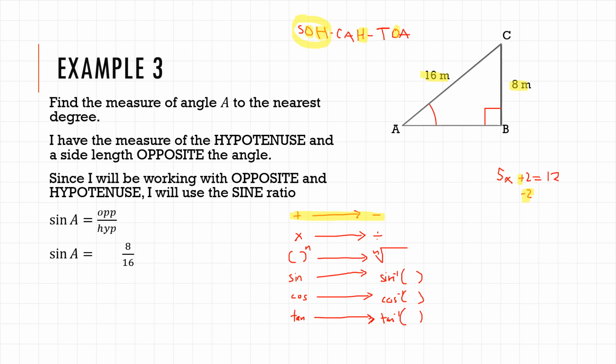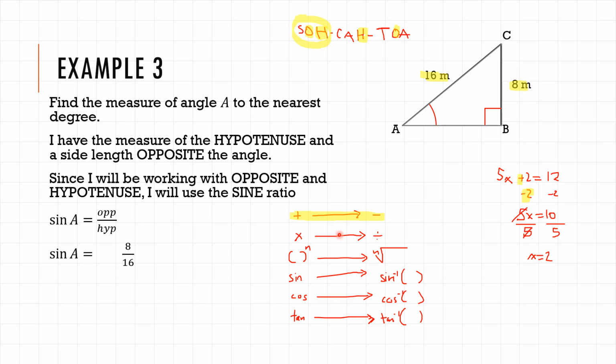And then if I subtract 2 from the other side as well, because I have to do that to keep it equal, I get 5x equals 10. Now, how do I get rid of the 5? This is multiplication. The opposite of multiplication is division. So I might divide this side by 5. That'll cancel it out. And then I have to divide this side by 5 as well. And I find out that x is equal to 2.